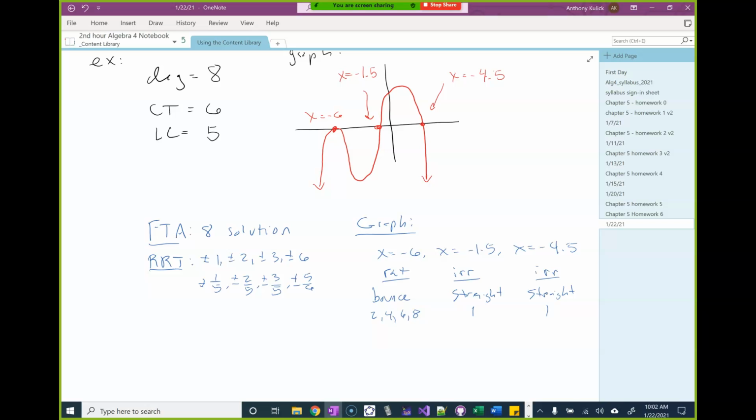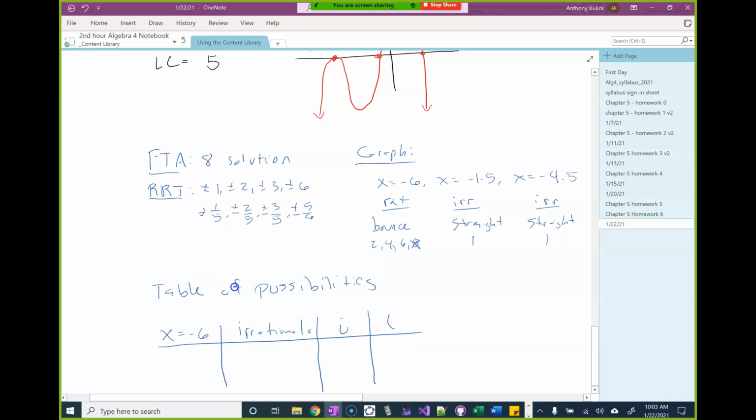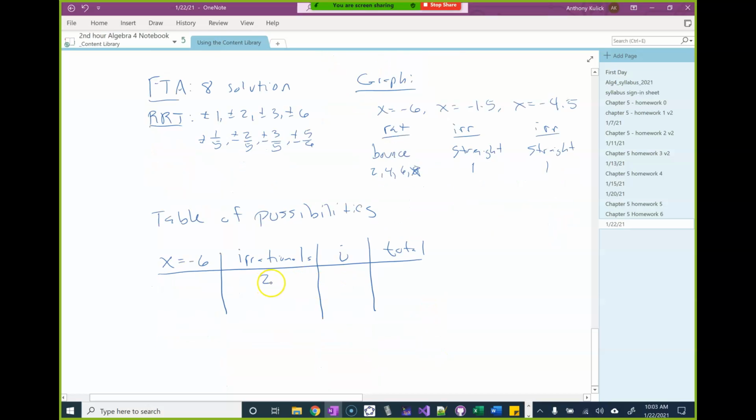So make a table of possibilities. Okay. Each row in this table is going to be a possibility. The first possibility that we talked about was negative 6 being used 6 times. 6 and 2 is 8.